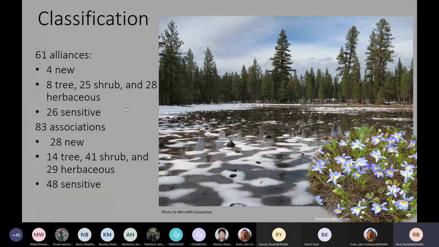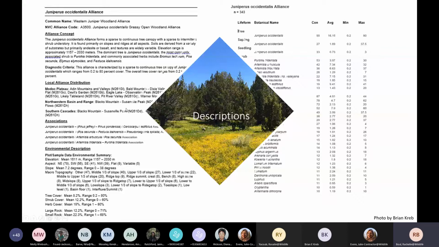So from each of the alliances and associations, there are descriptions that are created, which can be found in the classification report as Appendix J. I don't expect you to read all of this, but this is an example of the Western juniper description that can be found in the report.